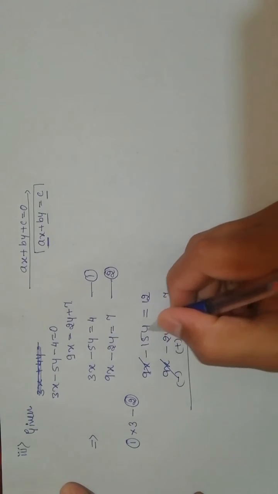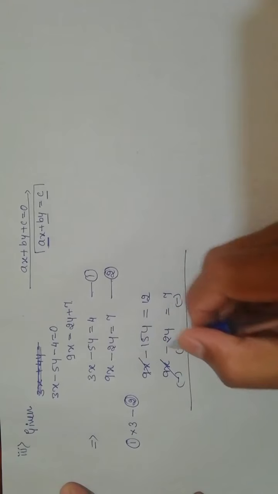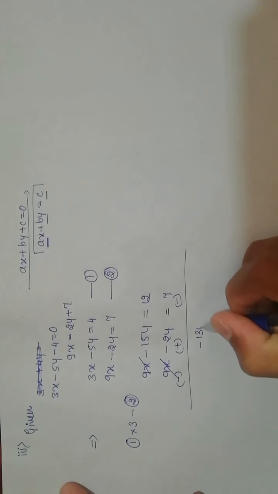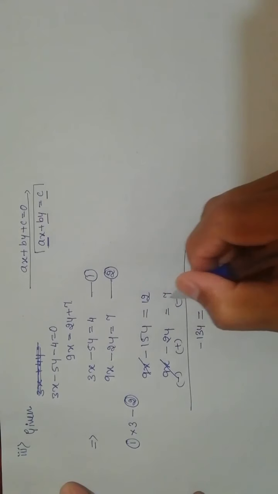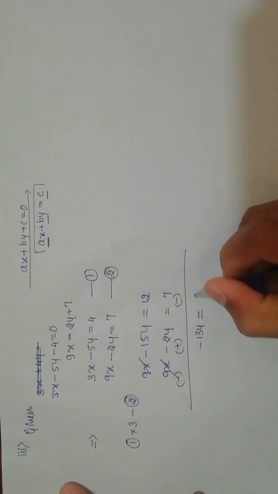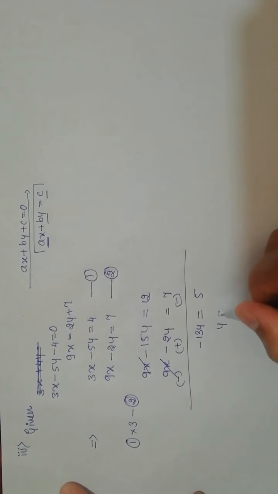Minus 15y plus 2y will become minus 13y, which is equal to 12 minus 7, which is 5. Therefore y is equal to 5 divided by minus 13, that is, y is equal to minus 5 divided by 13. This is the required value of y.